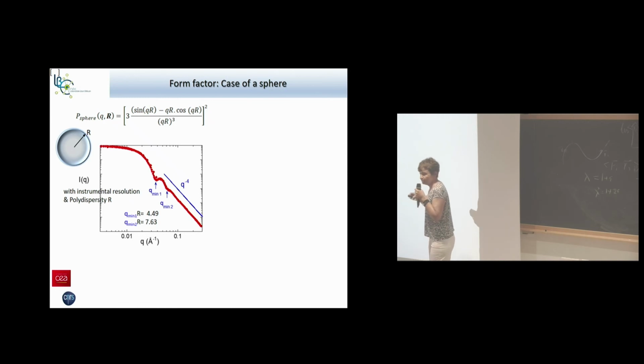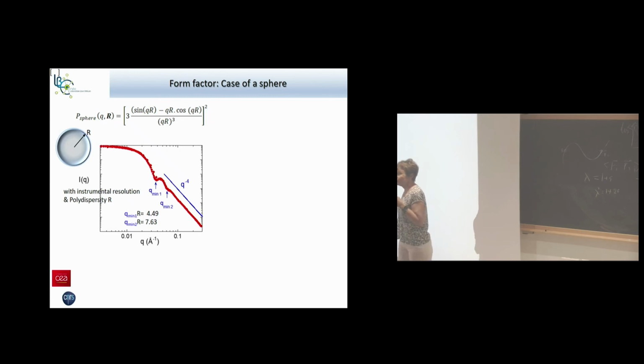We never use a very small beam on the sample because we need some flux. So the neutron beam or the X-ray beam has some size, and the Q value is not well defined due to the size of the beam. So Q is varying a little.